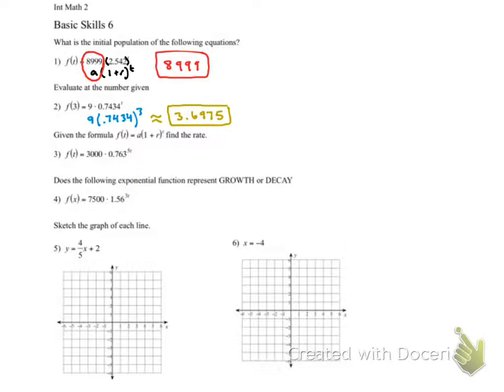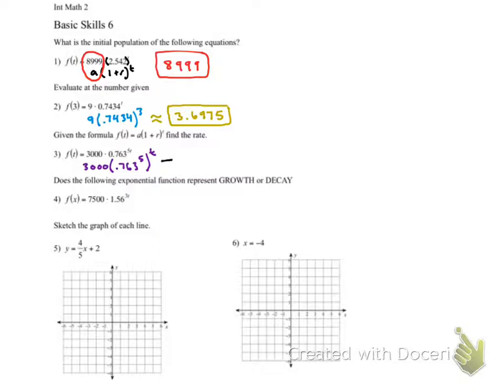Number 3, we got to find the rate here. This is where it gets pretty tricky for some of us. So again, we have 3,000 times 0.763. Now remember the exponent to exponent property, we have to split these up. So 5 goes in here, t goes out here.